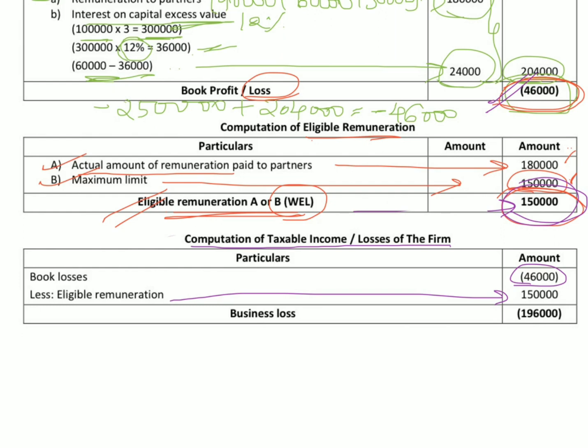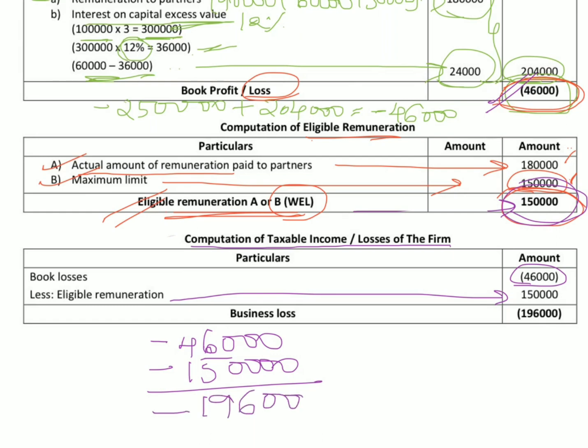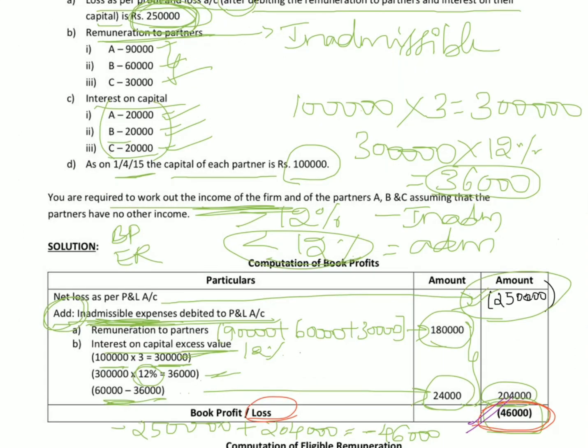So minus 46,000 minus 1,50,000, the value will be minus 1,96,000. So the business loss we have, to the extent of 1,96,000 in this problem. So we have calculated the income of the firm.